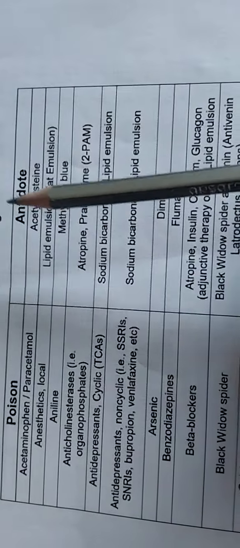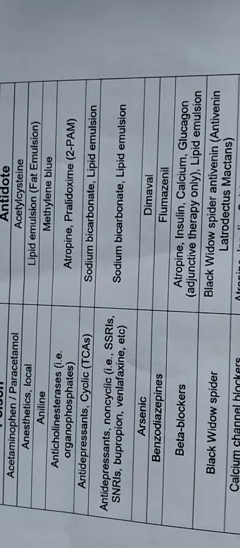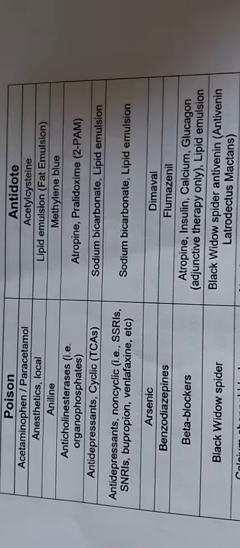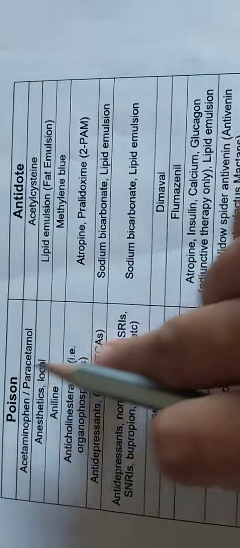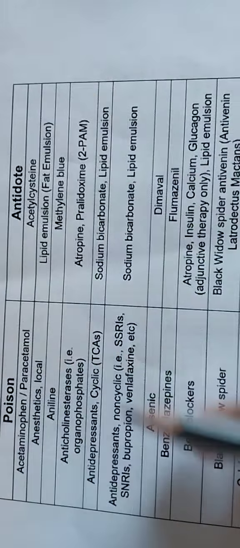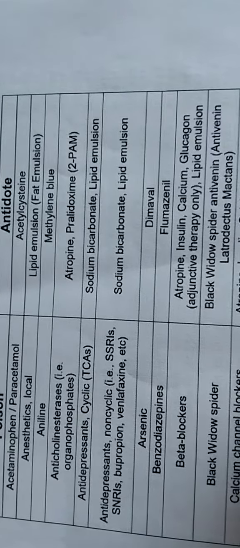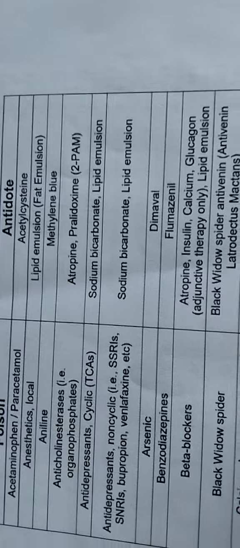These are very important. In last year's GPAT question paper, a poison and antidote list was given and we had to match the correct pairs, nearly 4 marks for 4 poisons and their antidotes.